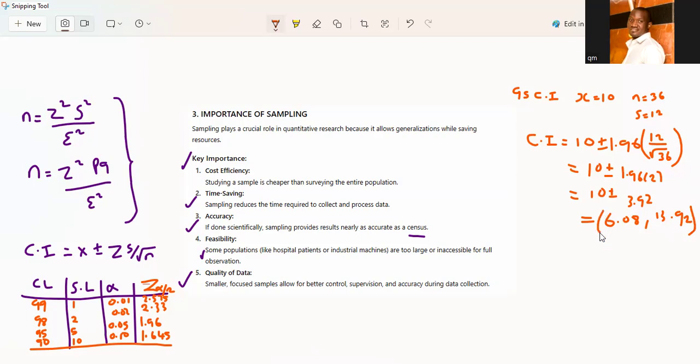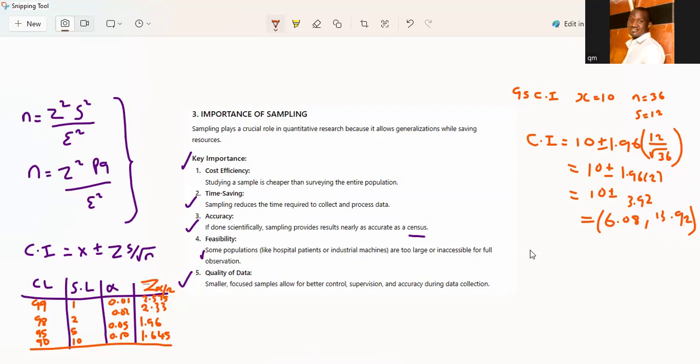All right. All together, confidence interval. Right.